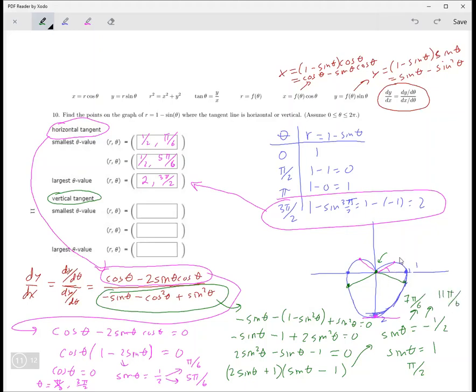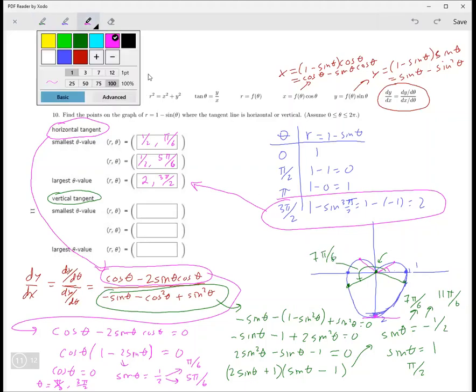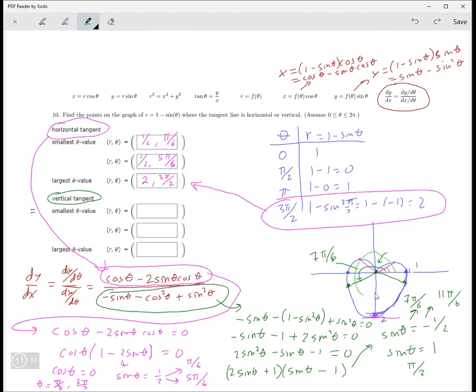It gives you this angle, this is 7 pi over 6. And it gives you this angle here, which is 11 pi over 6. Really bad drawing and really hard to see.